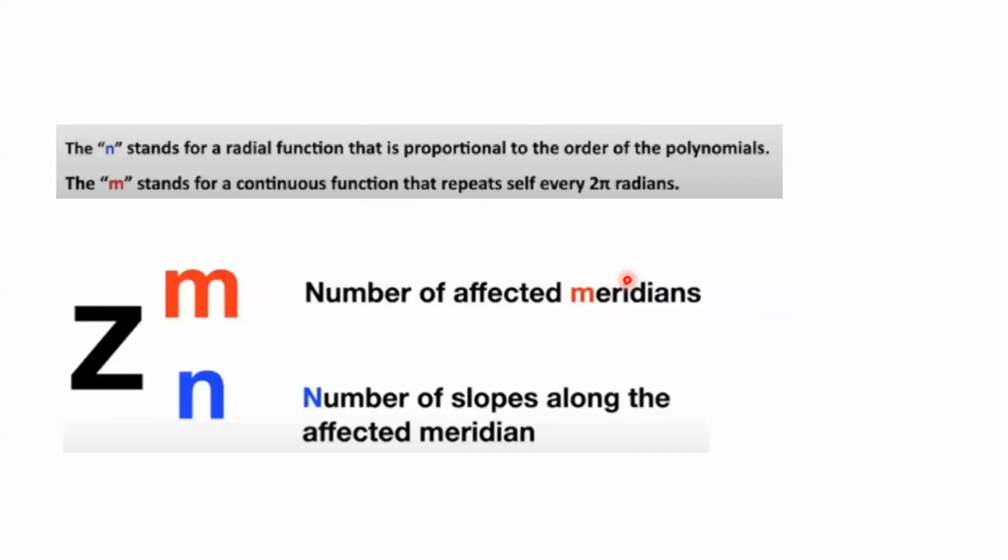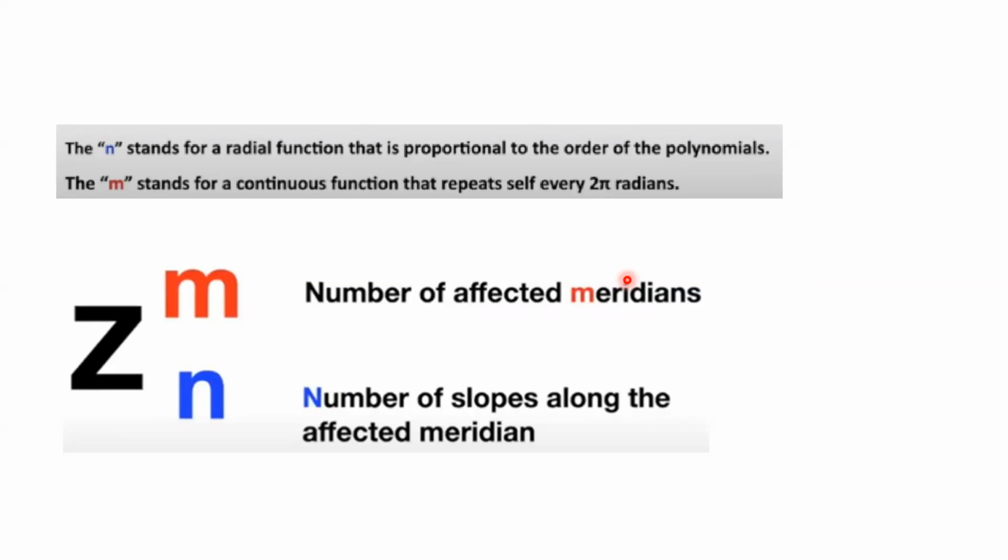The n stands for the radial function that is proportional to the order of polynomials, and m stands for a continuous function that repeats itself every 2 pi radians, which makes no sense to us at all. So a simpler way of understanding it is that m denotes the number of affected meridians and n is the number of slopes along the affected meridian.